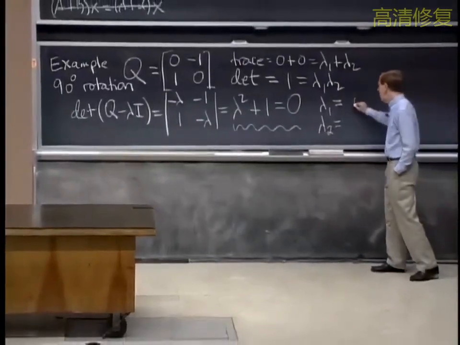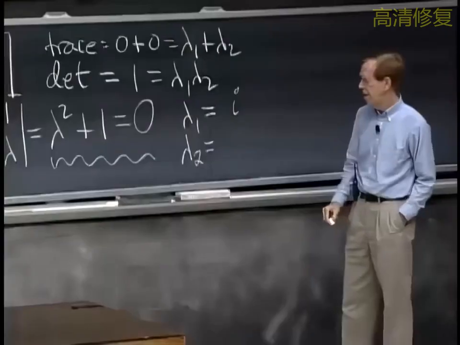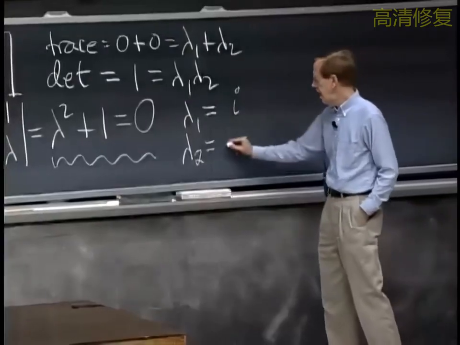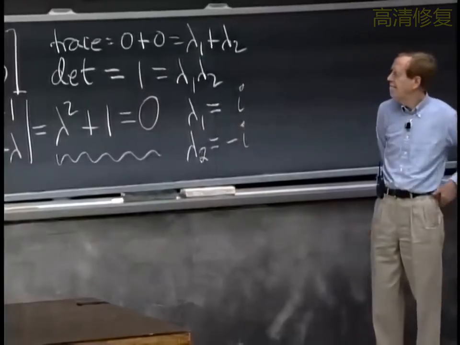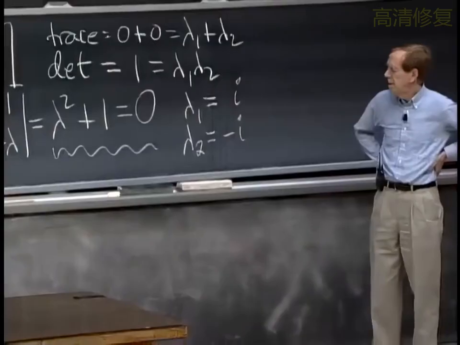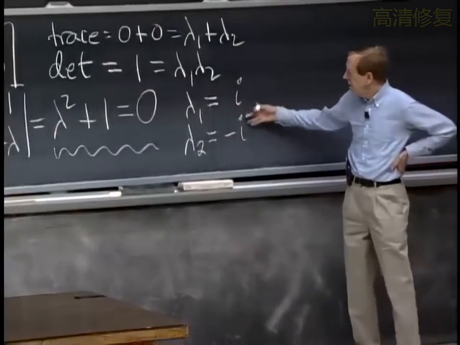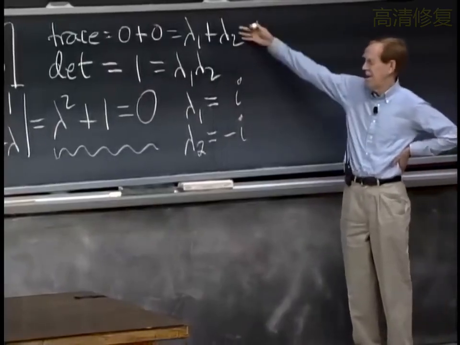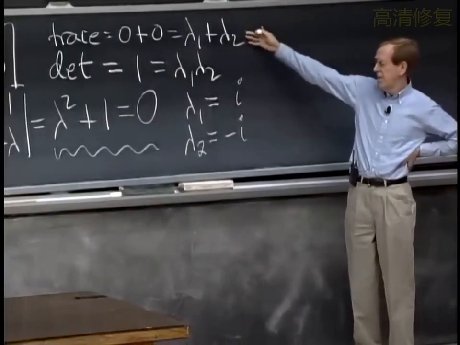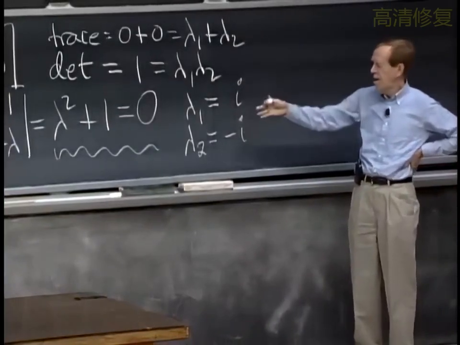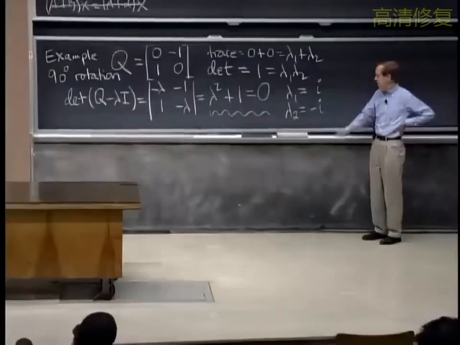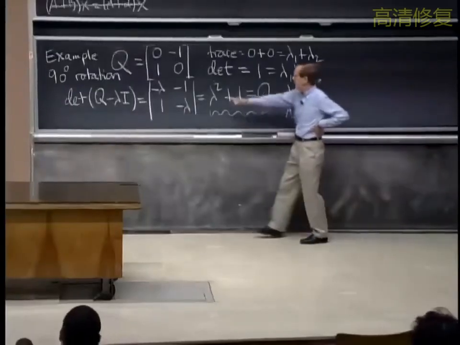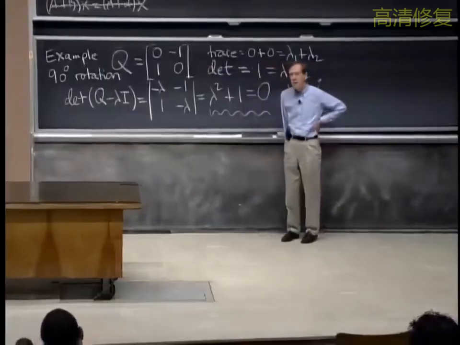They're i, whatever that is, and minus it. Right. Those are the right numbers. They add to 0, as the trace requires, and they multiply to 1, as the determinant requires. But they don't happen to be real numbers, even though the matrix was perfectly real.